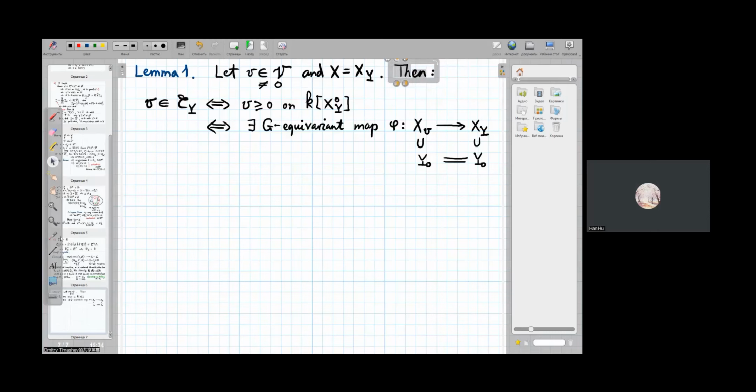For these two objects, V and X, I can erase Y from here because I don't need it anymore since I denoted the variety by X. So given a vector in the valuation cone and given a simple spherical variety, we have the following equivalence. This condition is equivalent to this.